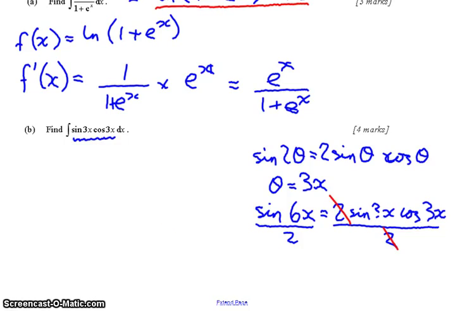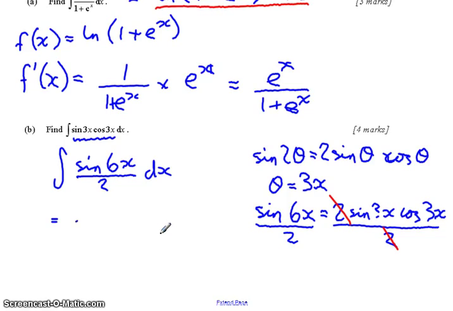That means this question boils down to a case of just integrating sine 6x all divided by 2 dx. Well, what happens when we integrate sine?